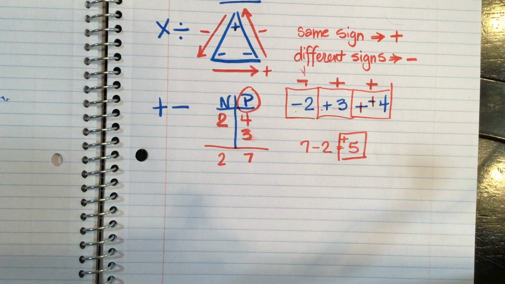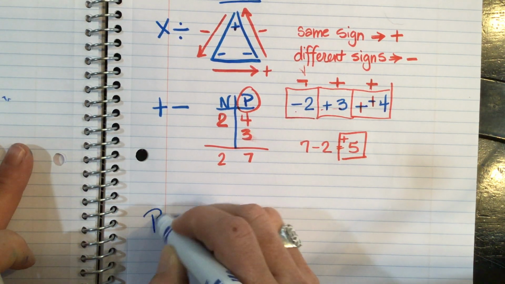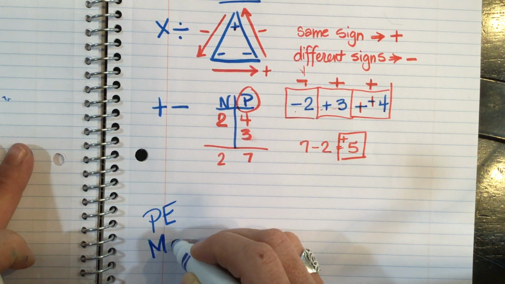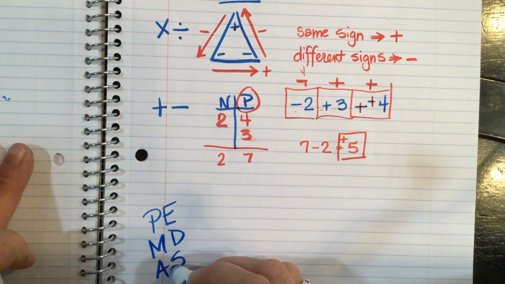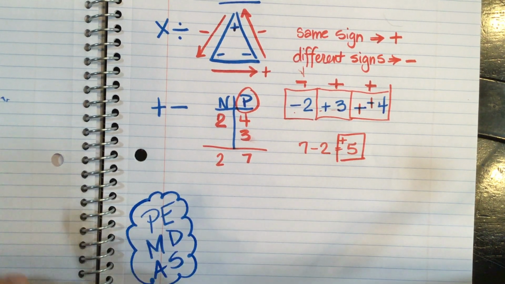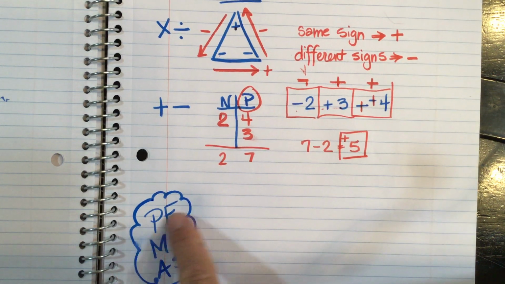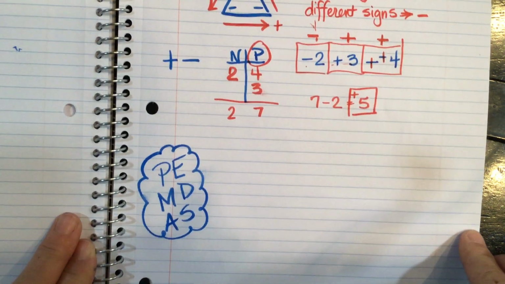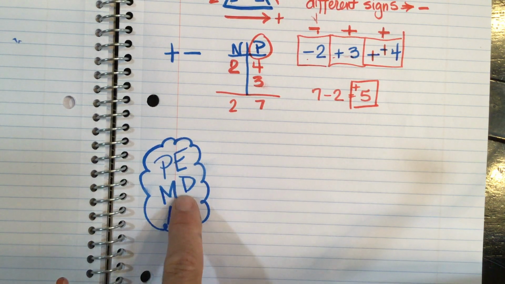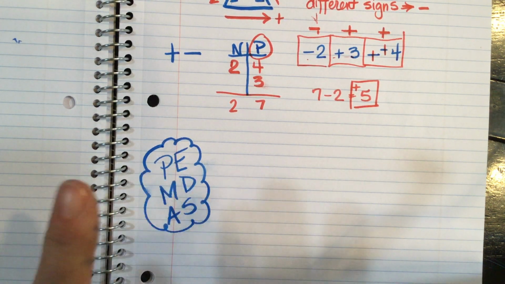Now, the last thing was PEMDAS. I cannot stand the word PEMDAS. And the reason is we forget the order of operations, because really parentheses and exponents are on the same level. It's not as if I have to do parentheses first, okay? I don't have to do multiplication before I do division.